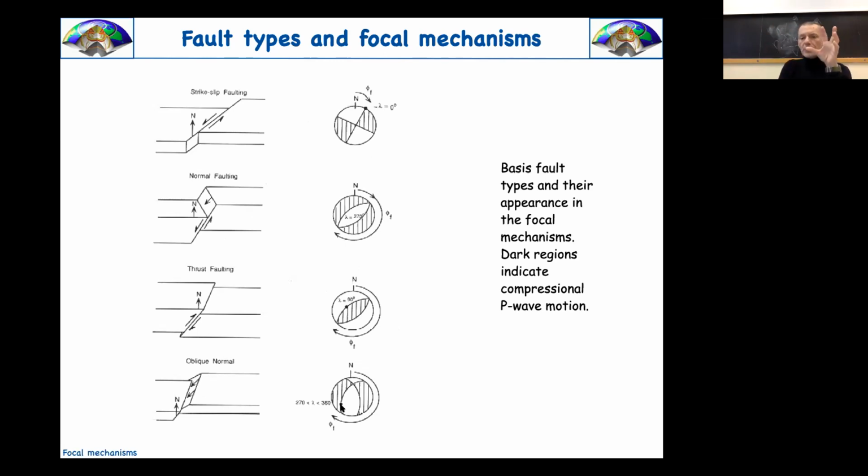You can call it focal mechanism, or you can call it, as slang, beach ball. It's telling us the mechanism that was occurring on a fault. And this is the general message for today.